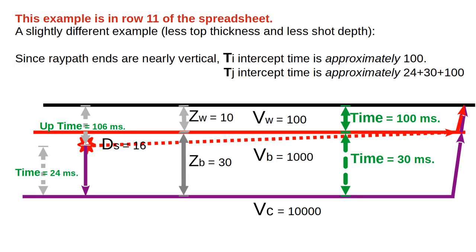This example is in row 11 of the spreadsheet. A slightly different example, less top thickness and less shot depth. Since ray path ends are nearly vertical, TI is approximately 100 and TJ is approximately 24 plus 30 plus 100.